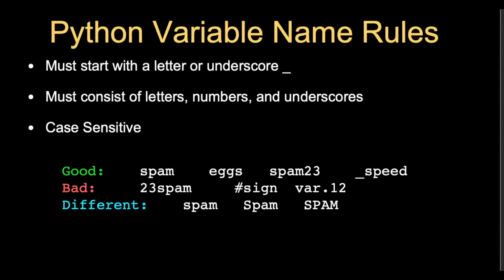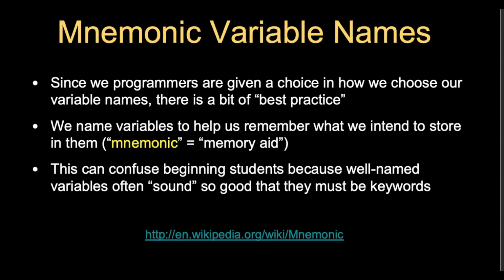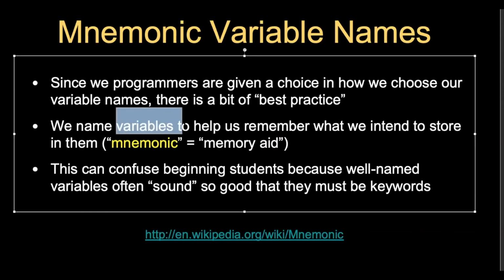Okay, all right, let's move on to the next one, which is mnemonic variable names. I'm not a huge believer in this, but it helps you to name your variables, so go ahead and do that.